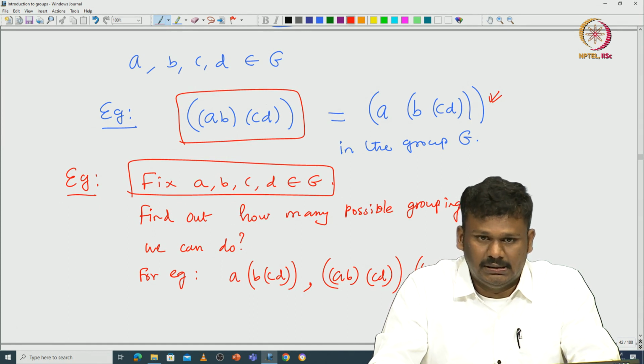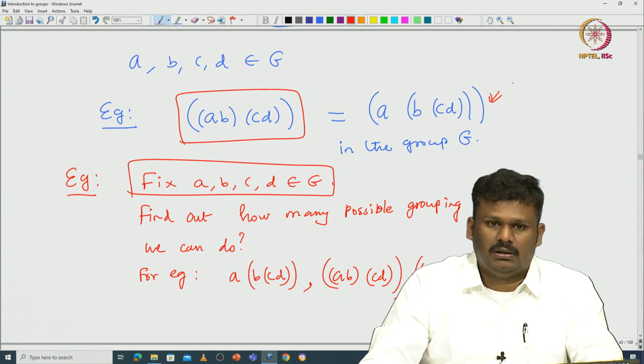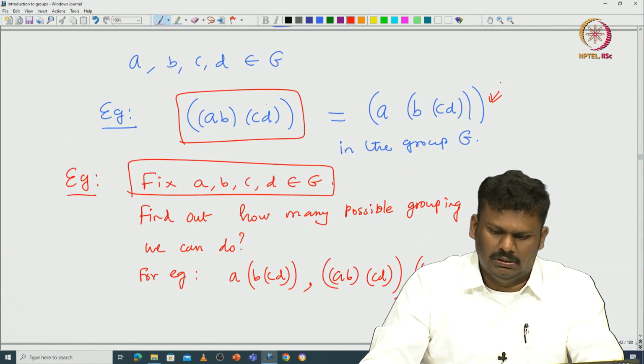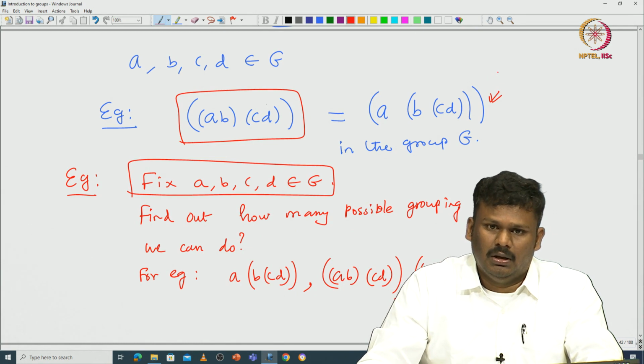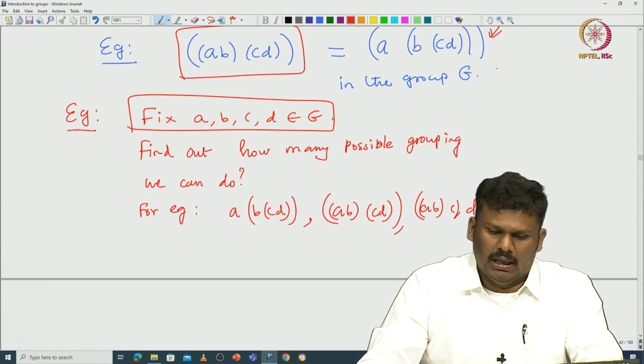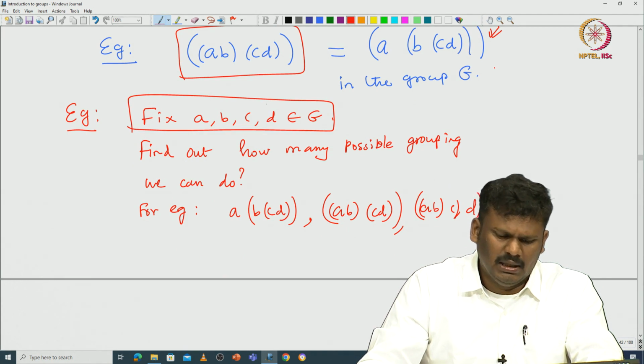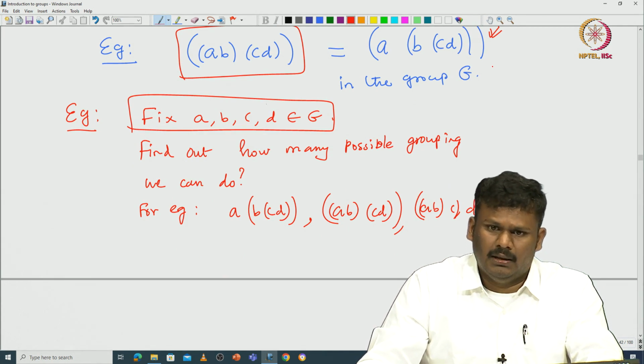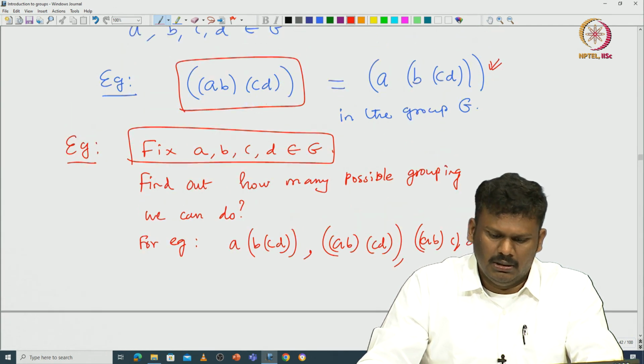As long as you fix the original order like A, B, C, D, the way you group doesn't matter. At the end you will still get the same element. That is because of associativity. This can be proved using induction on the number of elements that appear.